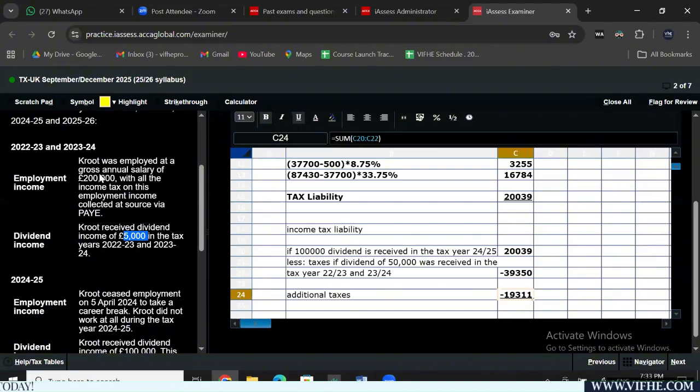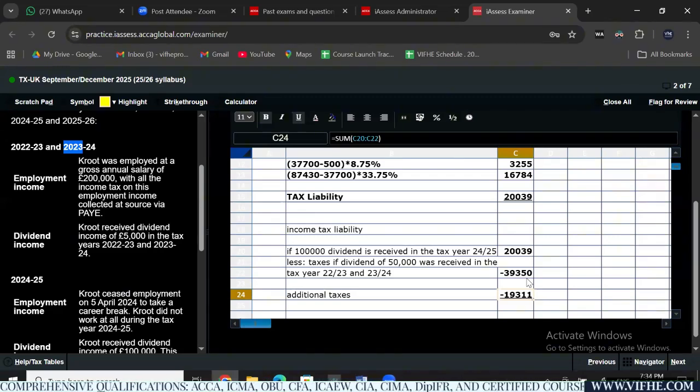The basic and higher bands have been used on the non-savings income column because employment income is on the higher side. So the additional rate will be charged straight away, and £50,000 was not received in only one tax year. This would be receiving in 2 tax years, first in 22-23 and then in 23-24. So altogether, in 2 tax years, cumulatively £39,350 would have been the amount of taxes that Crude had to bear.